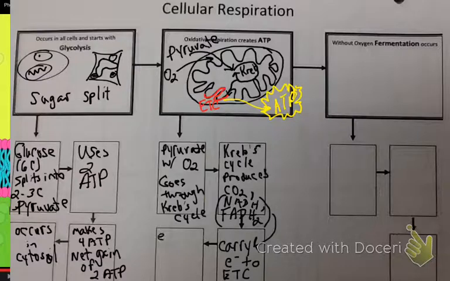So the electrons, and a lot of times it's electrons or hydrogens. We use them interchangeably. So I'm also going to put electrons / hydrogens because it's actually more correct.